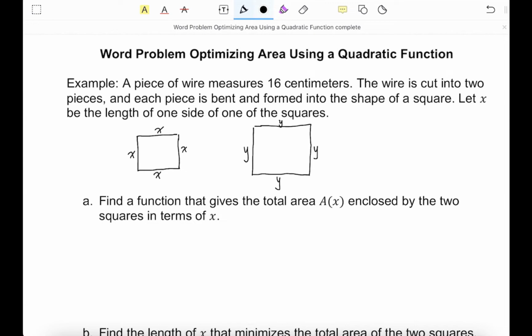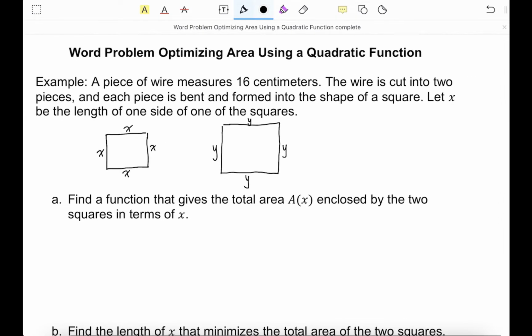We're bending it, and we have that 4x plus 4y. That total length equals 16 centimeters. So we can also write this, if we divide the whole thing by 4, as x plus y equals 4.